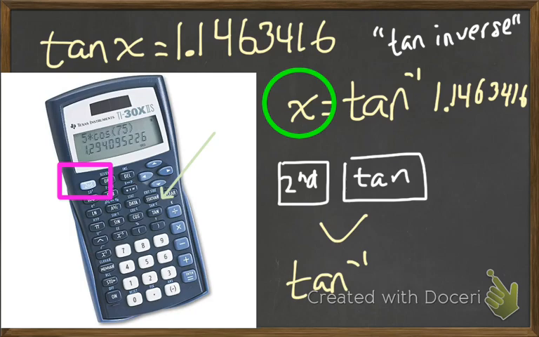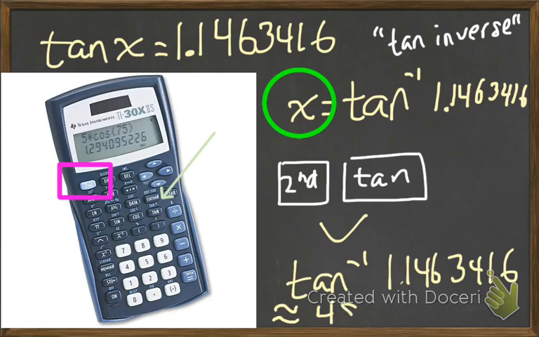Okay, then you're just going to type in your number. 1.1463416. When you type that in, you hit enter, and you end up with approximately, I'm going to round to the nearest hundredth here, 48.90, or 48.9.